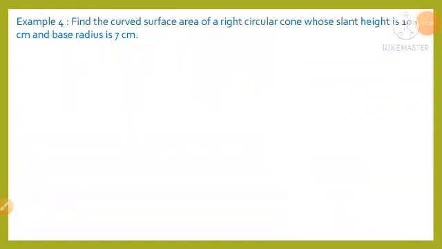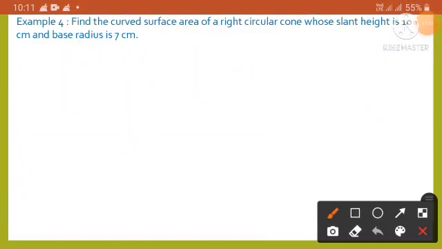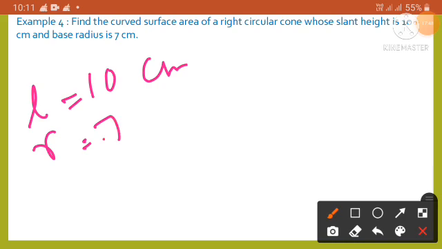Okay, so question number 4: find the curved surface area of a right circular cone whose slant height is 10 centimeter. Slant height, that means L equal to 10 centimeter, and base radius is equal to 7 centimeter. Then we have to find out the curved surface area.